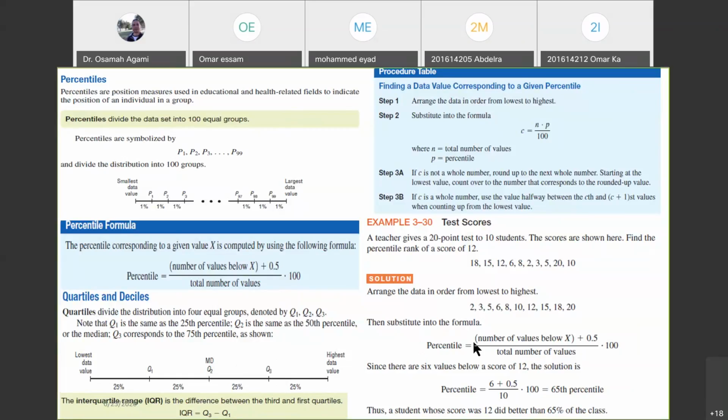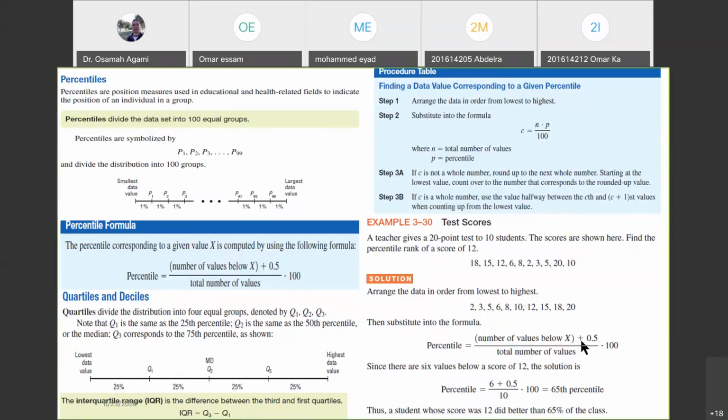How to find the percentile? You just write the number of values below this value, for which you would like to find the percentile, right? If I would like to find the percentile for 8, I will take the 6. And remember, when you go for percentile or the median, you have to sort your data from the lowest to the largest, okay?